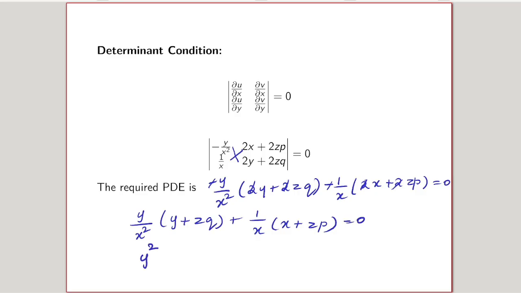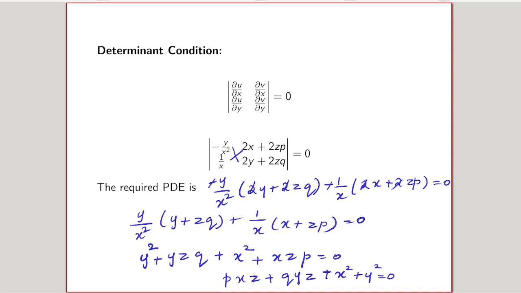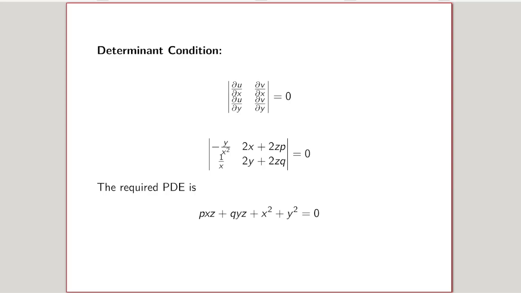After that, y squared plus yzq plus x squared plus it will be xzp will be equal to 0. So finally we can write this as pxz plus qyz plus x squared plus y squared will be equal to 0. This will be our required PDE. Thank you.